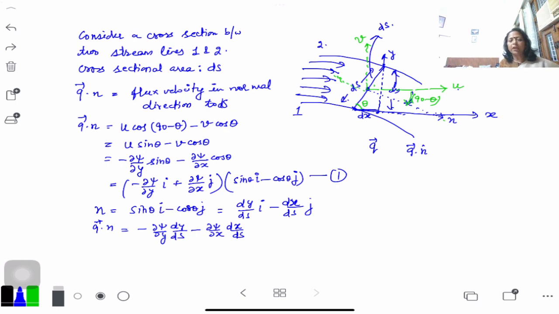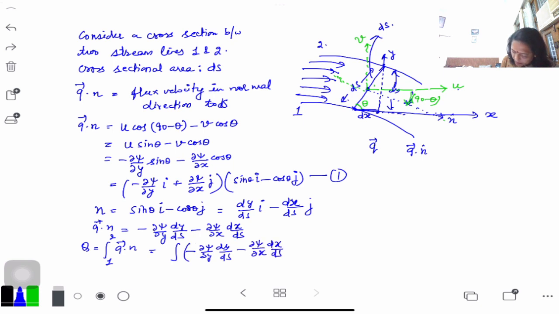Now I want to find the flux across this whole cross section. So what will be the flux? Flux will be q dot n from 1 to 2, so it is minus delta psi delta y dy/ds minus delta psi delta x dx/ds for the cross section 1 to 2 for surface ds.